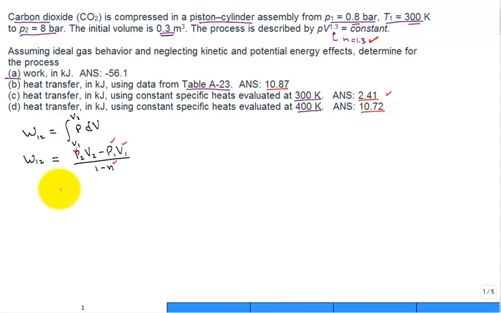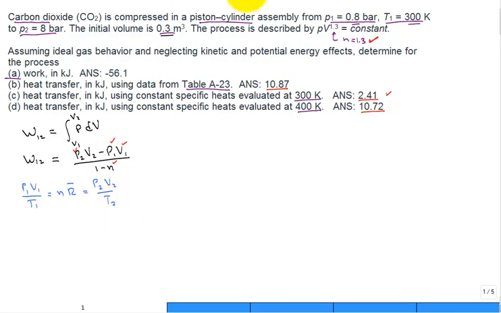Well, it always behaves as an ideal gas. So P1 V1 is equal to n R-bar T1 all the time. You can put that at T2 as well. So what we do is just divide this by T1. And then what we find is that the number of moles times the universal gas constant of the carbon dioxide that's trapped in that piston cylinder assembly is the same from state 1 to state 2.